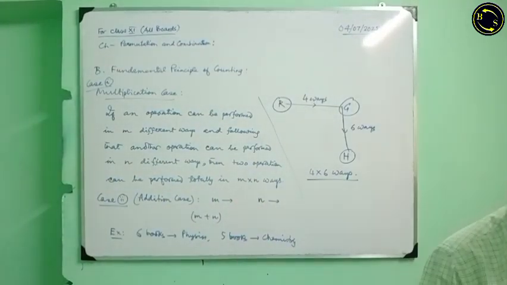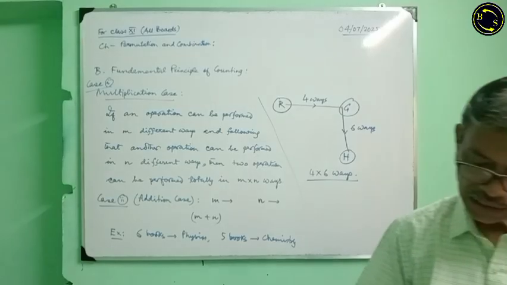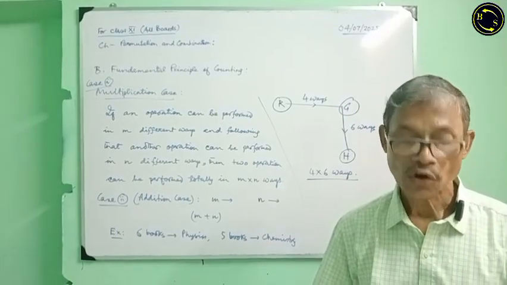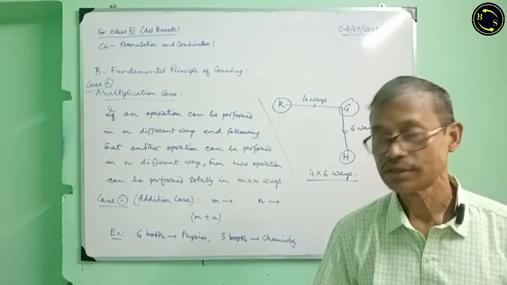Now the matter is, in how many ways can a student purchase either a book on physics or a book of chemistry?